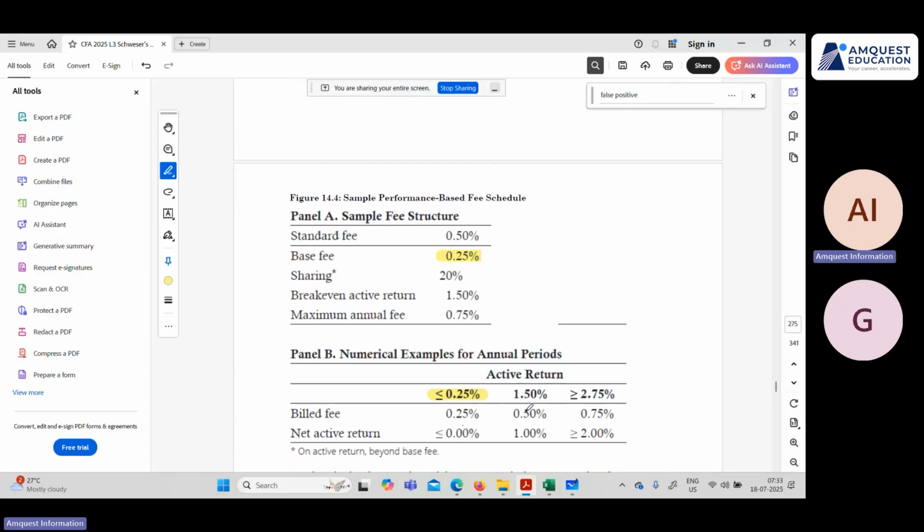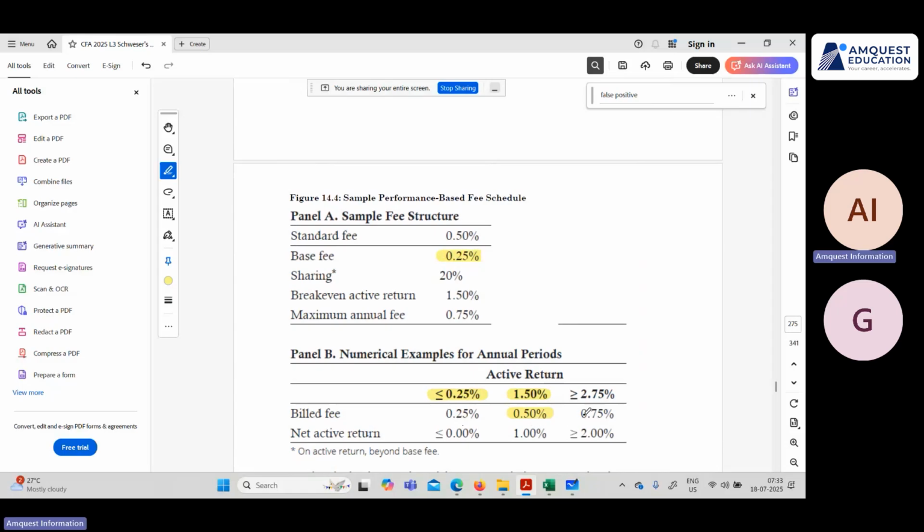Look at the second one. You got a return of 1.5. So how does this build to a fee of 0.50? This is 0.25 plus the profit above 0.25. So 0.25 as the base, and then 20% profit on this.